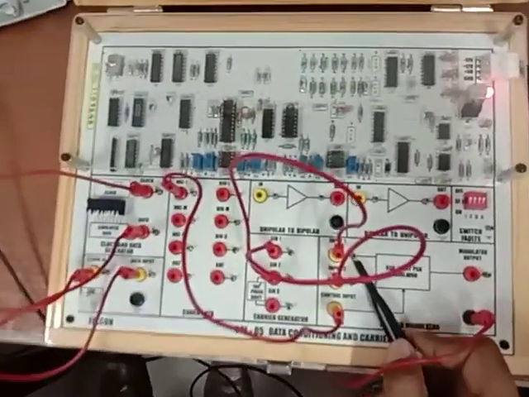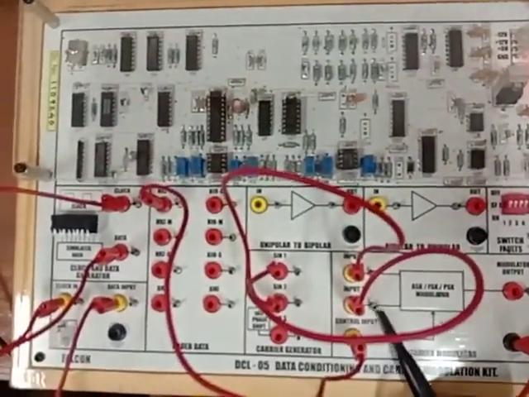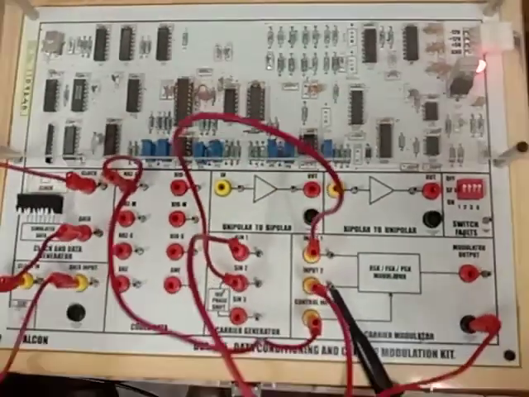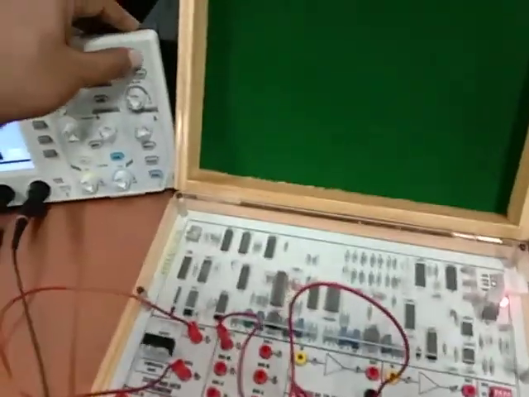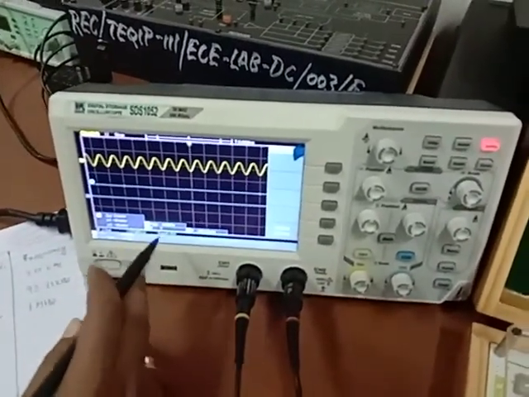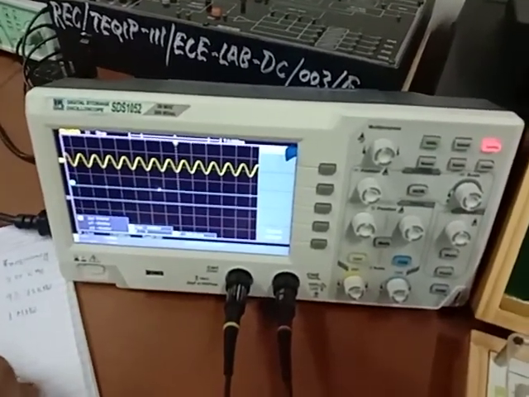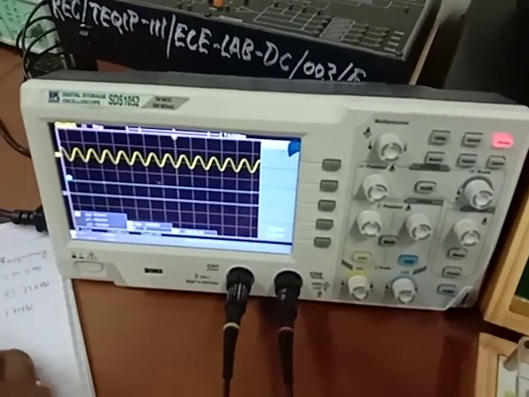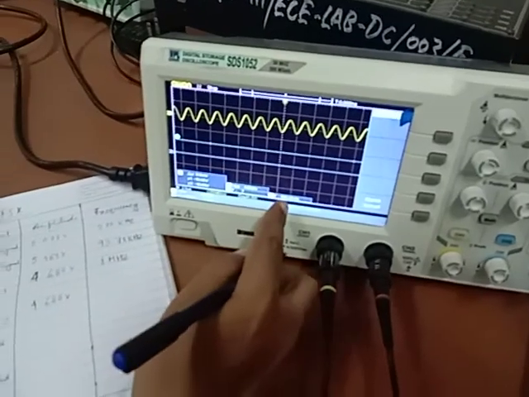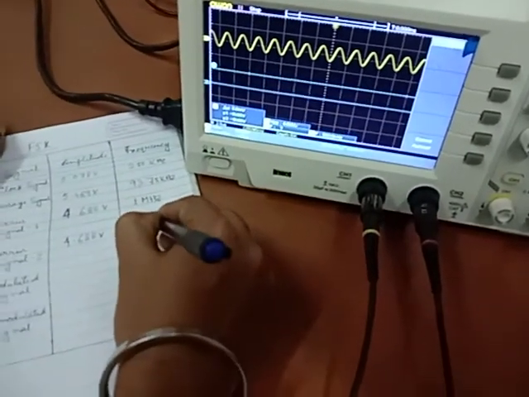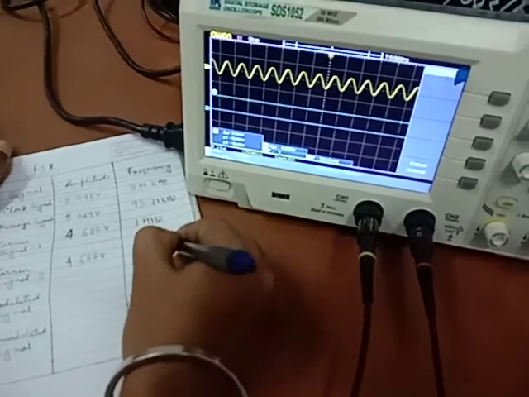Simultaneously we will measure carrier signal 2. This is carrier signal 2, input 2, and the voltage is 4.688 volt and the frequency is 500 kilohertz.